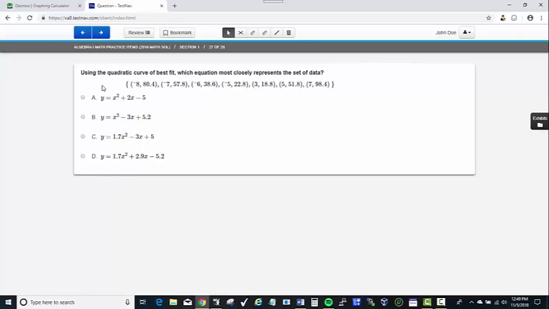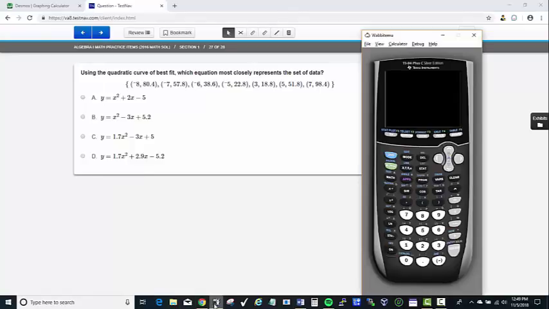Using the quadratic curve of best fit, which equation most closely represents the set of data? You need to be familiar with how to use your TI-83 or 84 calculator in order to graph these things in order to successfully answer this question. Let me show you what you need to do here. All right, first off, we turn on our calculator.